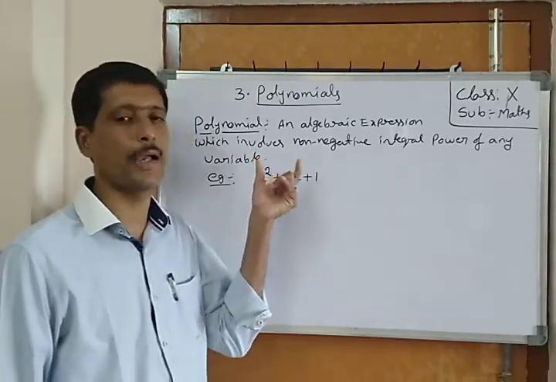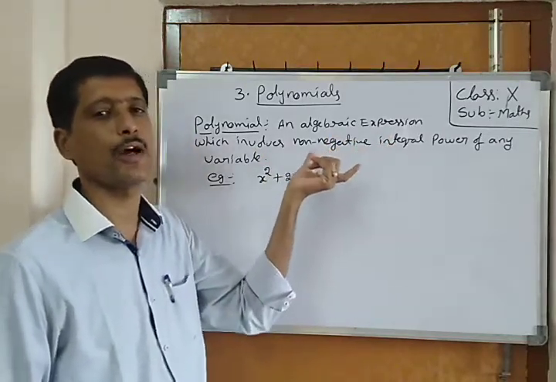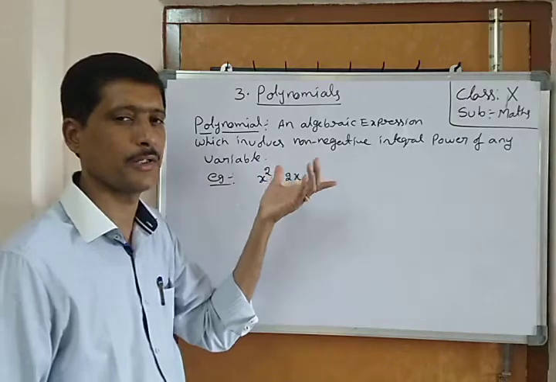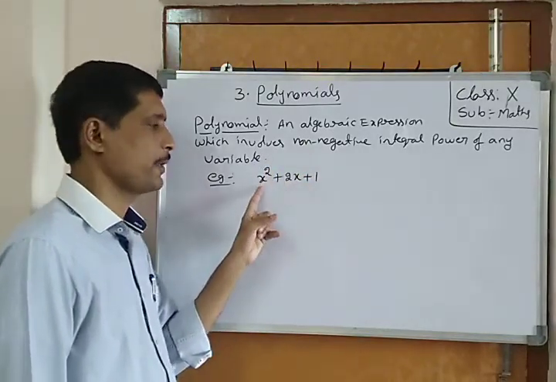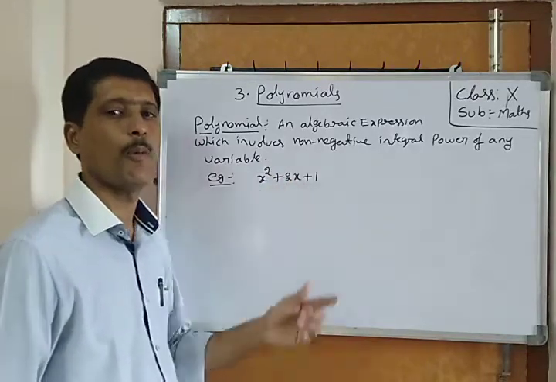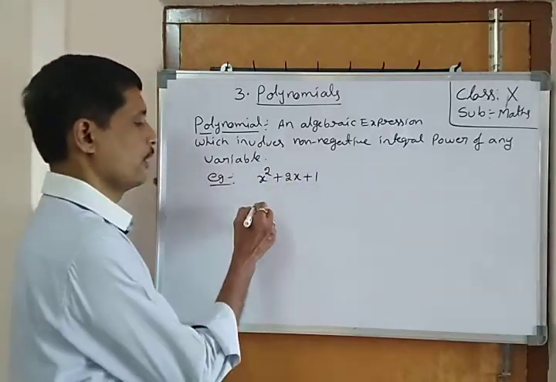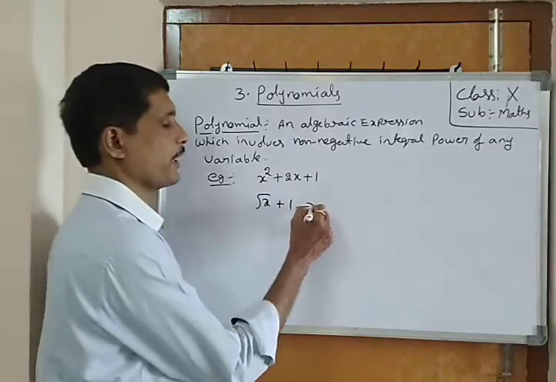Next, polynomial: an algebraic expression which involves non-negative integral powers of any variable, whether x, y, z, whatever it may be. Example: x square plus 2x plus 1. Here x has power 2, here x has power 1, and this is a constant. Therefore that is a polynomial. Suppose root x plus 1: that is not a polynomial.